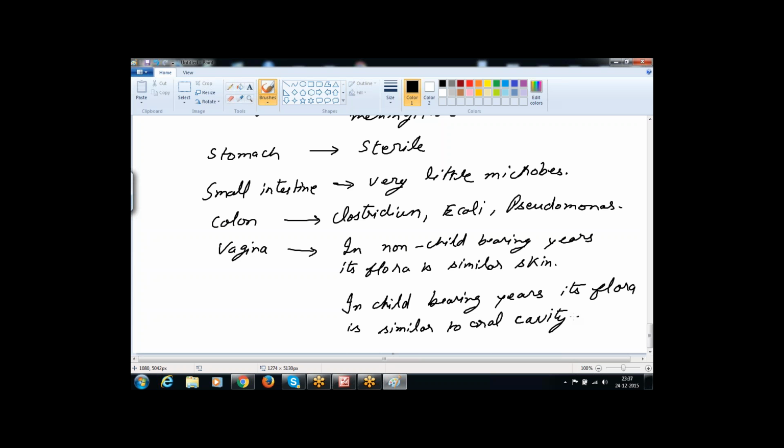So when it is non-functional, the flora is similar to skin and colon. The colonic bacteria keep coming and keep invading the vagina also. And in childbearing years, it is similar to oral cavity.